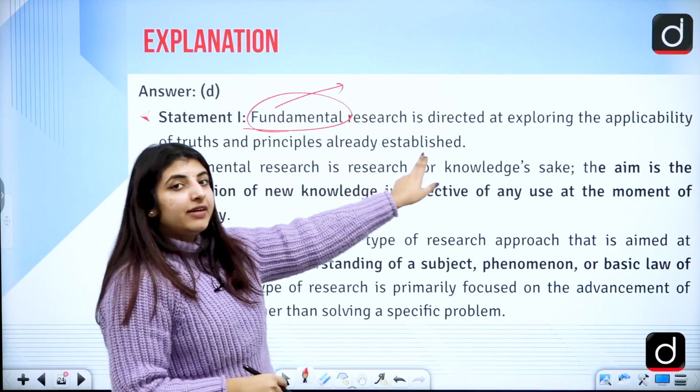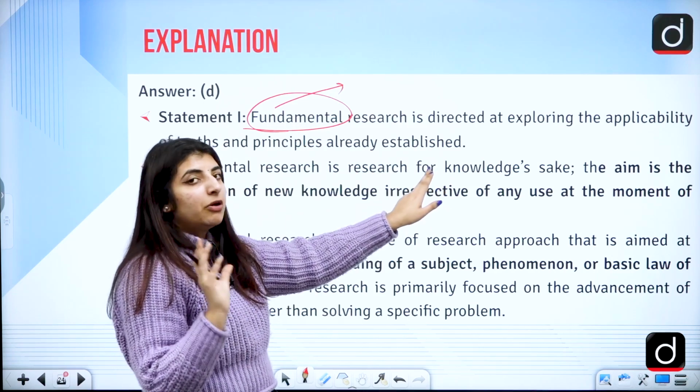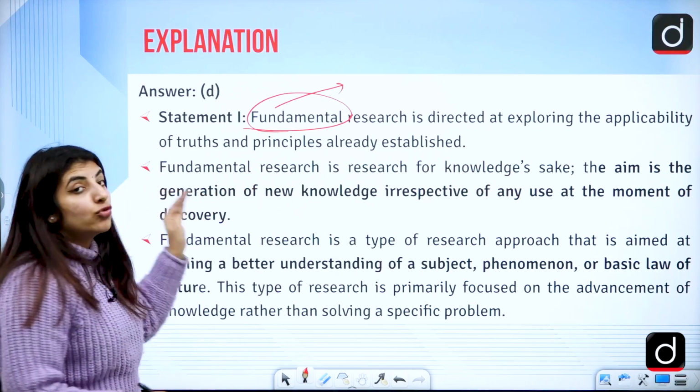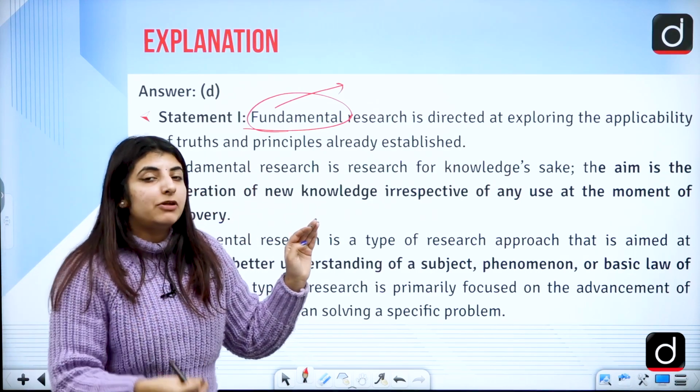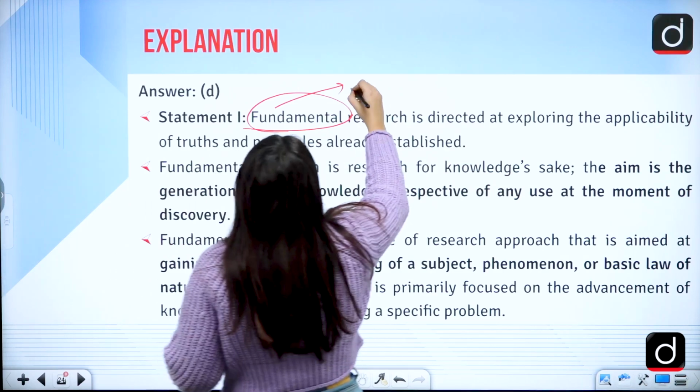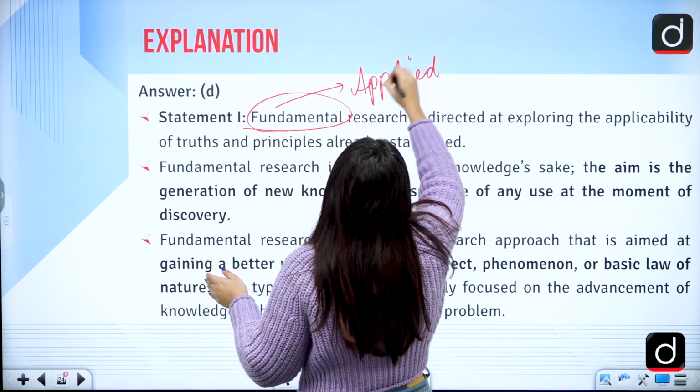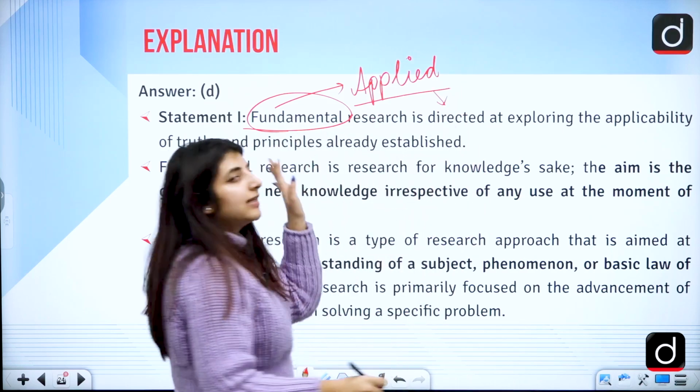So the kind of research that we are talking about here, which is directed at exploring the applicability of truths and principles which are already established, was applied research and not fundamental. Hence, this statement is wrong.